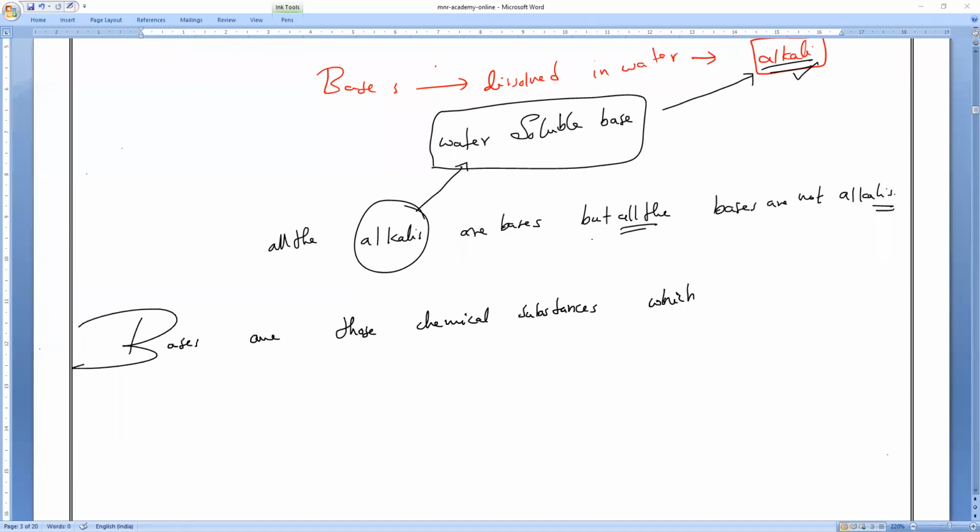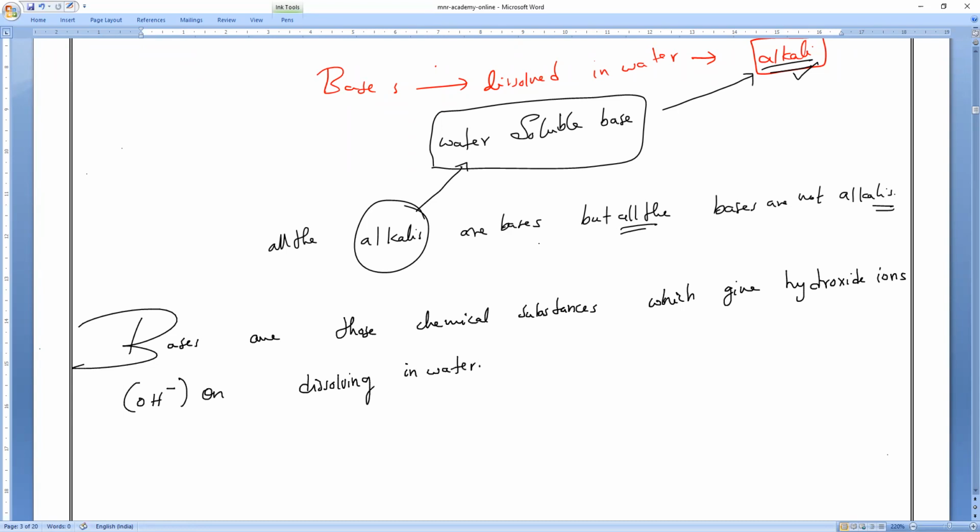H plus ions or hydronium ions. Yes or no? Like the same way, bases are those chemical substances which give hydroxide ions. Hydroxide ions means what is the formula? Anybody can tell? OH minus, not OH, OH minus on dissolving in water. So that is what we call a base.